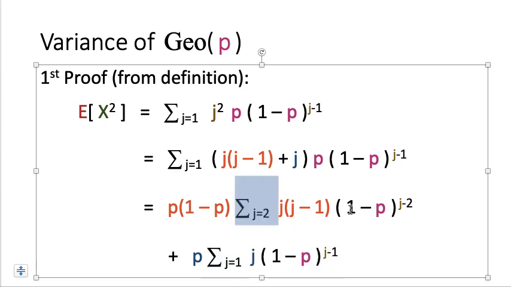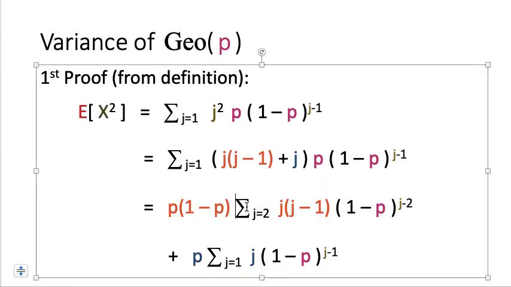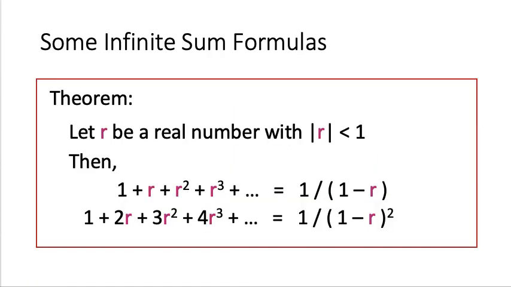And now for the orange part, this is again easy. By differentiating this one with respect to r one more time, we will get the formula for the summation of this term. So this can also be simplified. I will leave this as homework for you to find out what the term is.